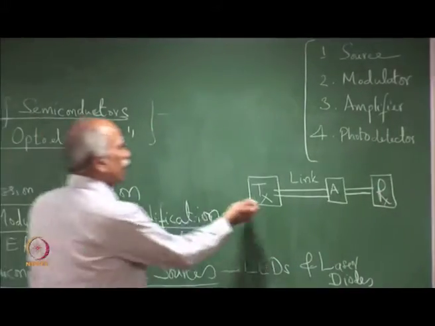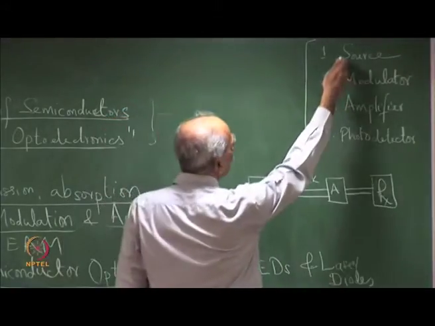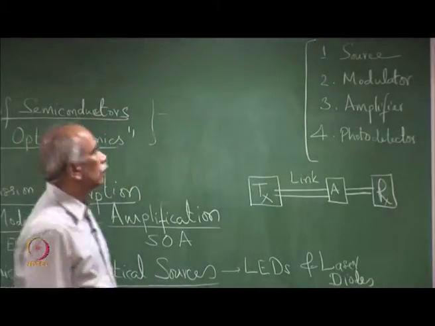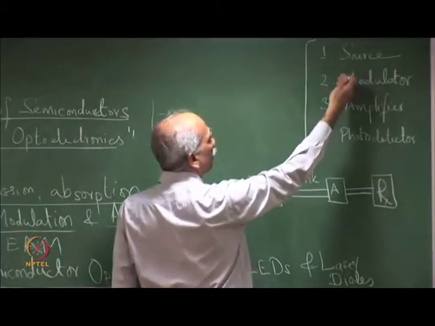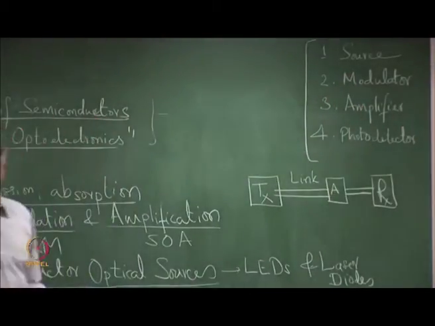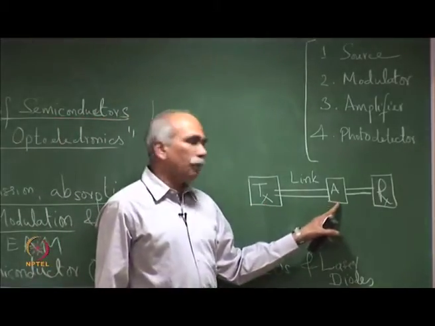The transmitter, apart from the electronic circuitry, comprises a source, an optical source in optical communication, and a modulator, and there could be a power amplifier which boosts the power at the transmitter itself, and there could be inline amplifiers.